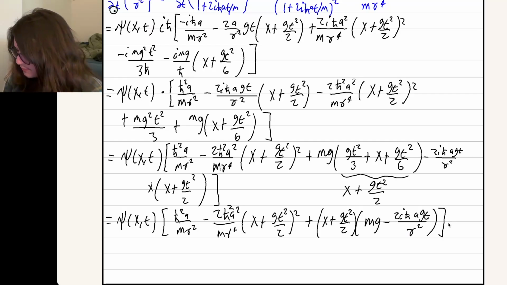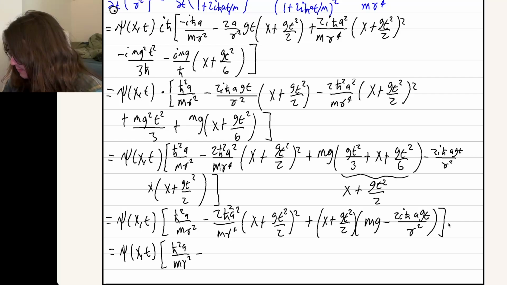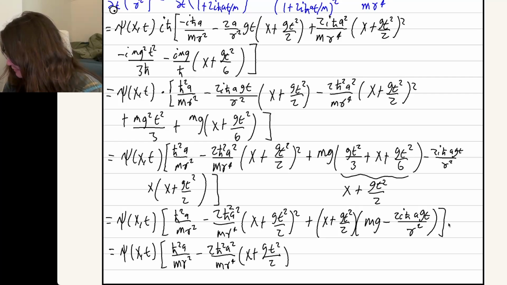I wish there was a simpler way to write that, but I don't think there is. Maybe a comment section could enlighten me, but right now, all I'm going to do from here is factor out the m g from the last set of parentheses.